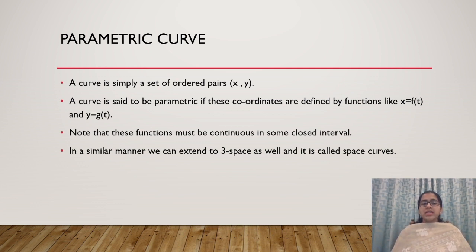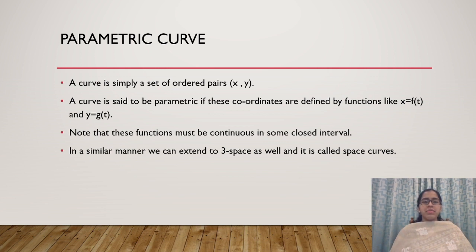The point that must be noted is that these functions must be continuous in some closed interval. We can also extend the ordered pair x comma y to 3 space, and parametric curves in 3 space are called space curves.